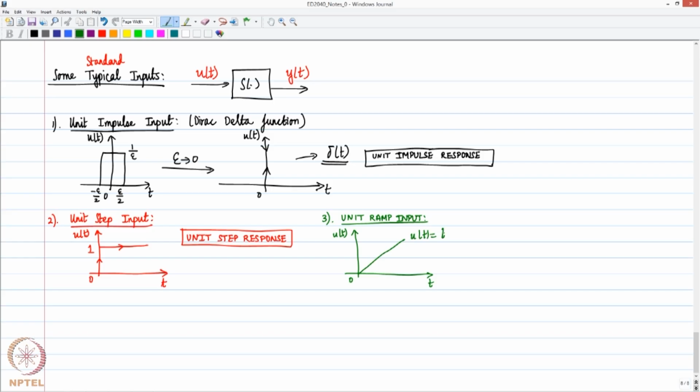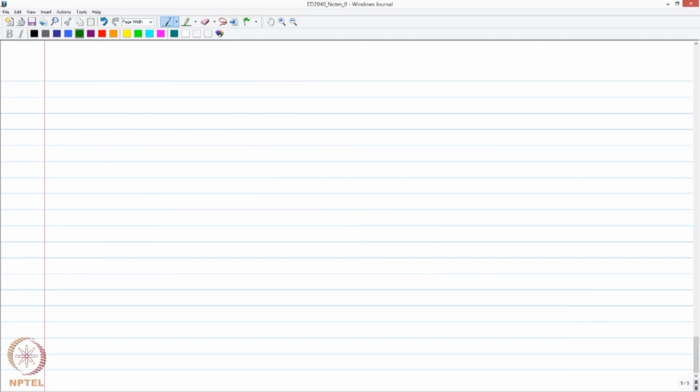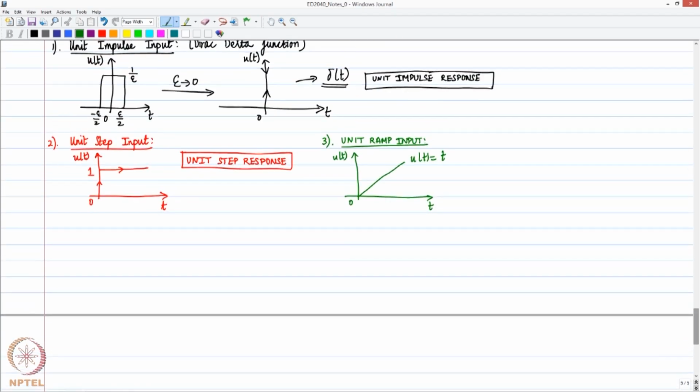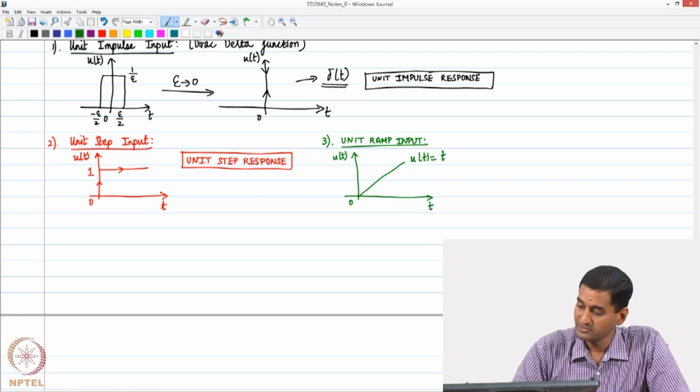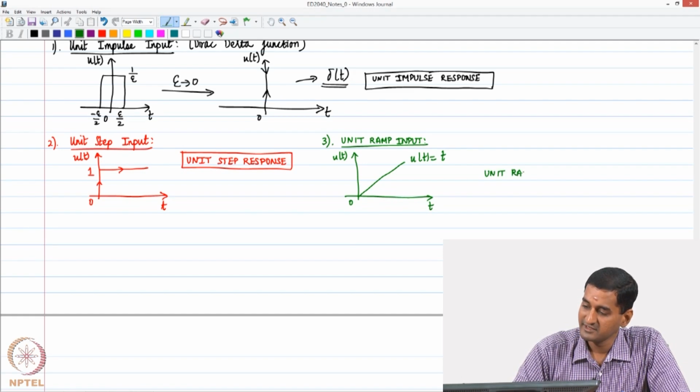The input just scales like t. The slope is 1, that is why we call it a unit ramp input. And of course, when we provide the unit ramp as the input, the output that we get is what is called a unit ramp response.